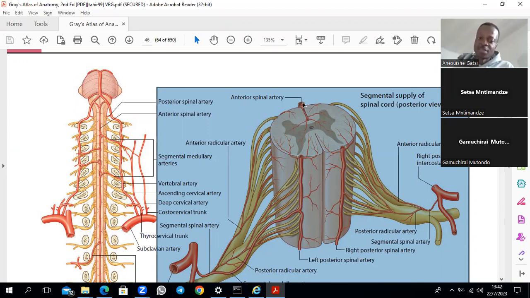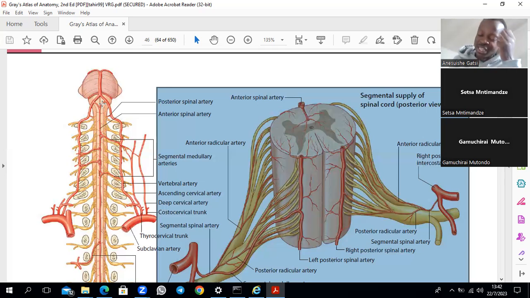So there's one anterior spinal, but we have two posterior spinal arteries. Where these arteries are coming from, even if I mention it now, you may forget if you haven't done your circle of Willis. Right. But basically, for the anterior spinal artery, it's one, remember. There are two branches that come off the left and the right vertebral arteries, respectively. Then they connect and form an anterior spinal artery.